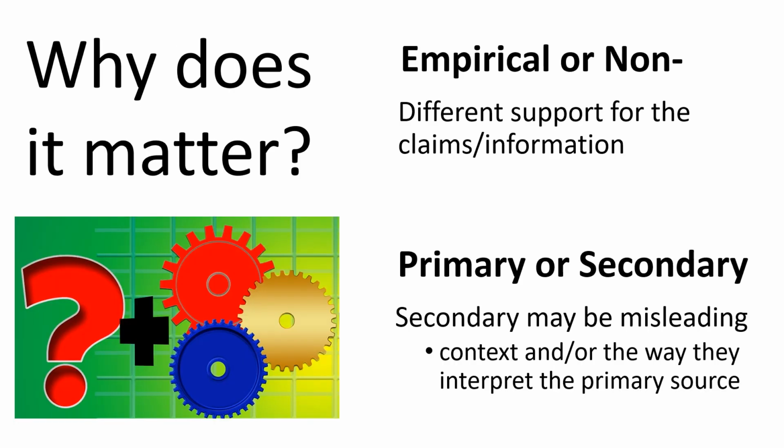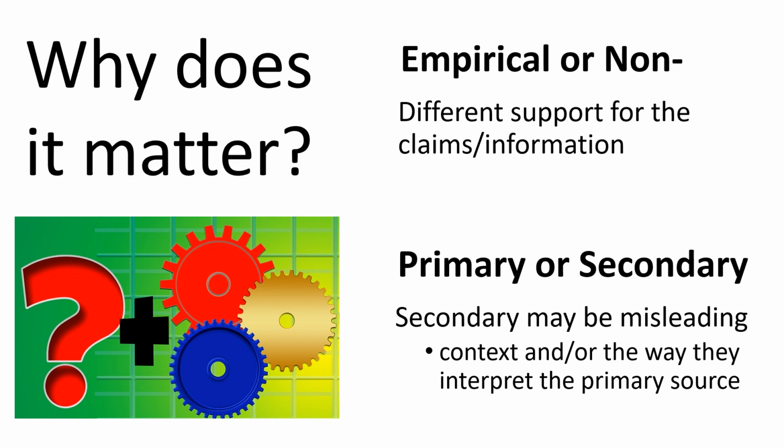Okay, at this point you might also be wondering why it matters whether or not a source is empirical or primary. That's an important question to ask. We can start by noting that whether or not a source is empirical is important because it relates to the support for the claims and information contained in that source. Whether or not a source is primary is important because if it's a secondary source, the way the information is presented can be misleading, either because of the context or because of the way the primary source is interpreted.